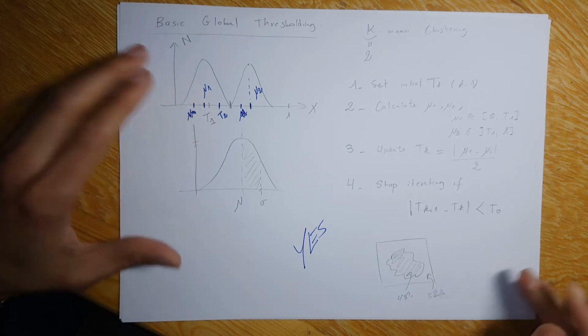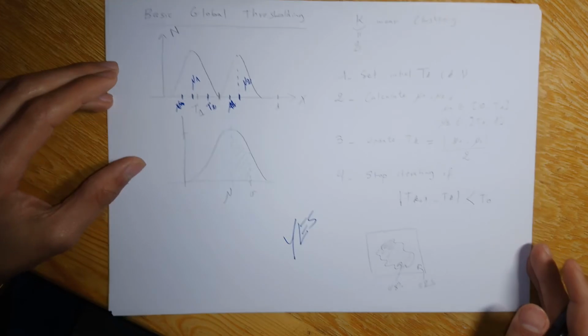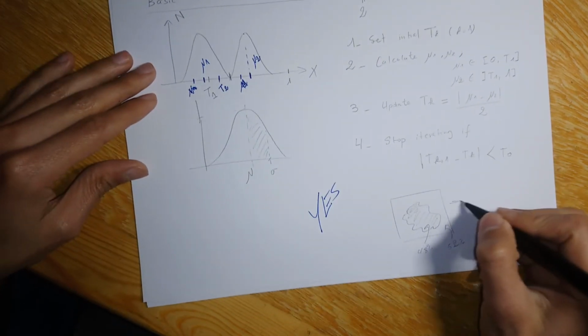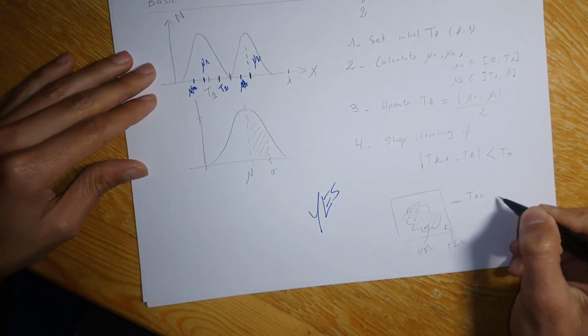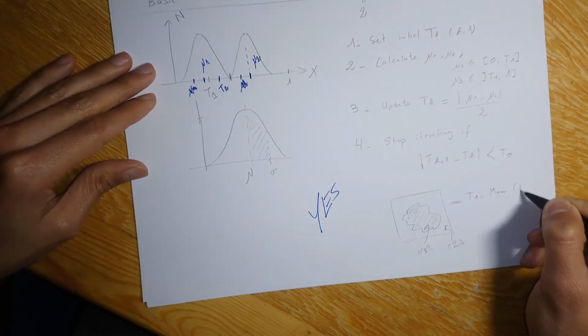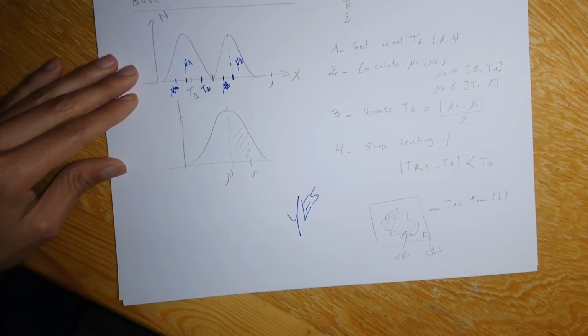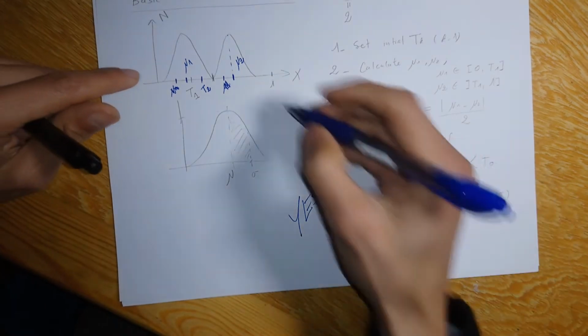In that case, the initial value of the threshold is equal to the mean of all pixels in the image.